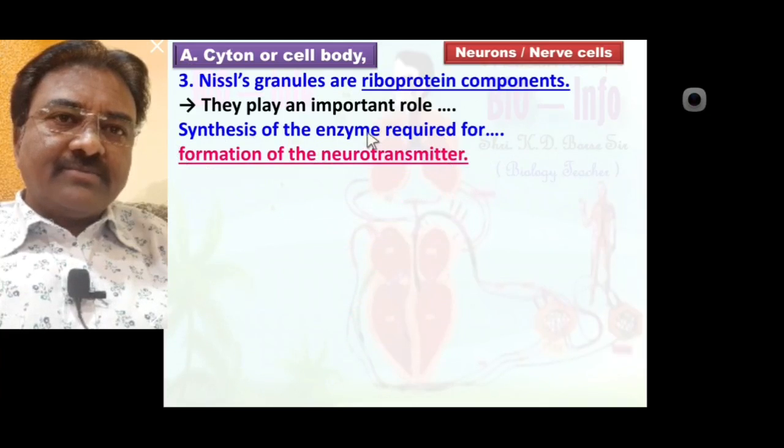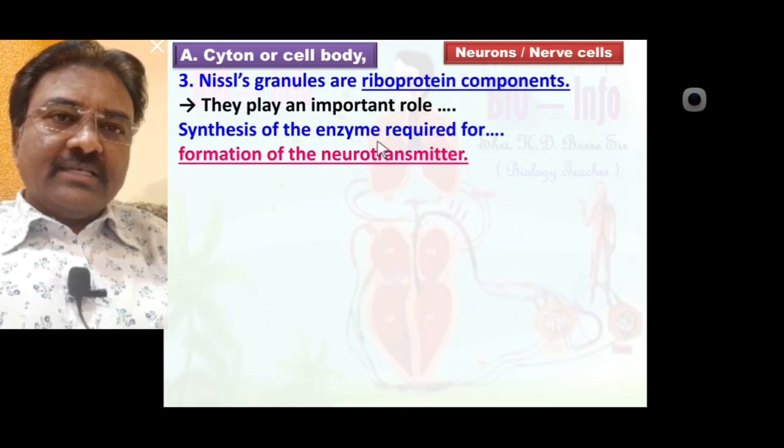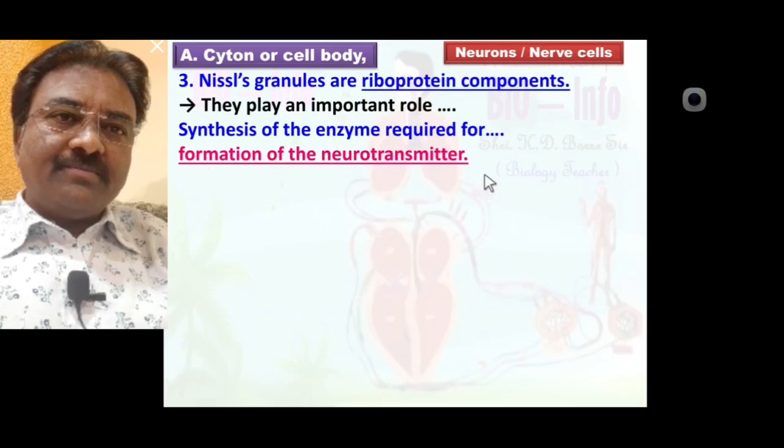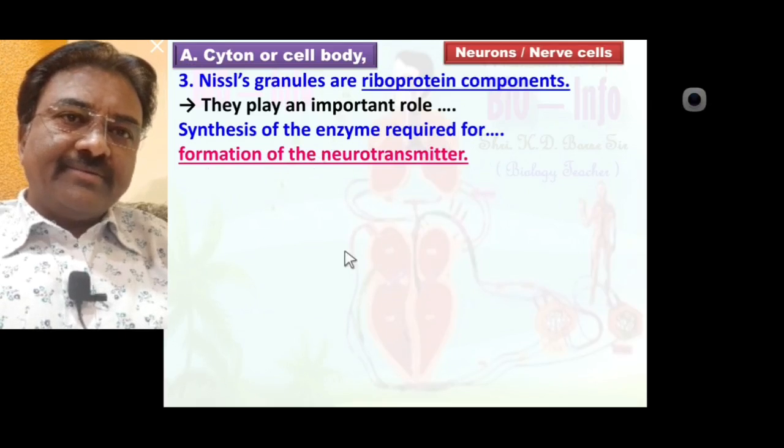Means the enzymes that form neurotransmitter are made from these granules. So Nissl's granules are riboprotein components. They play important role in synthesis of enzyme required for formation of neurotransmitter. Always remember function of Nissl's granules.